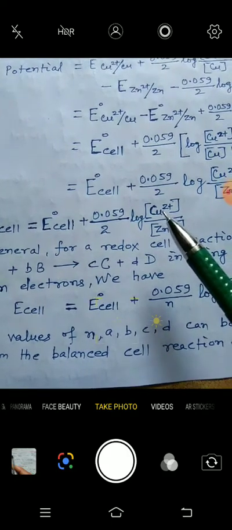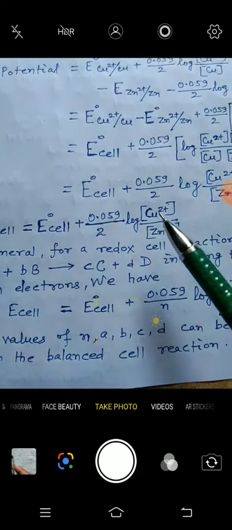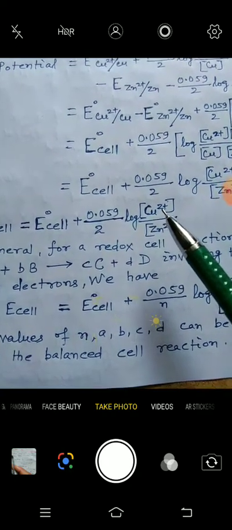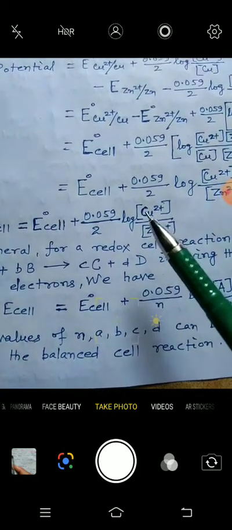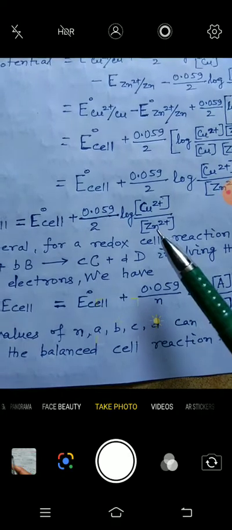So if you put plus here, then after log you have to put the concentration of the cathodic compartment ion as the numerator and the concentration of the anodic compartment ion as the denominator.